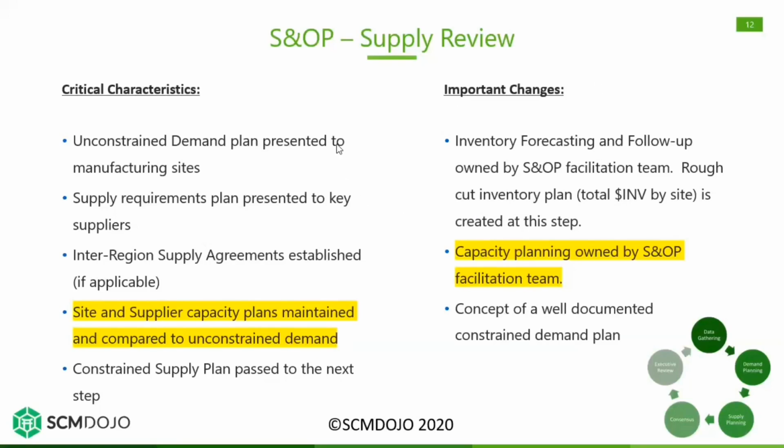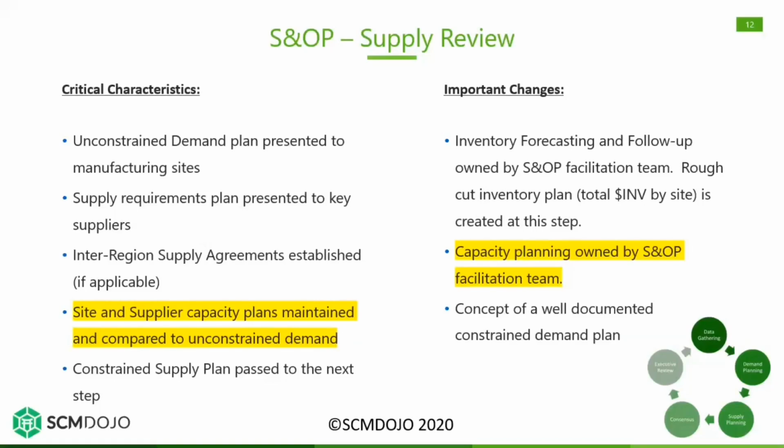So what you discuss in this supply review, inventory forecast, and follow-up by the S&OP facilitation team, rough-cut inventory plans, as I discussed, total inventory by site is created. So capacity plans are available. I want to focus on the inventory side. I'm actually working on a course right now, which I think I'll be contacting you guys about, a specific course on inventory forecasting.